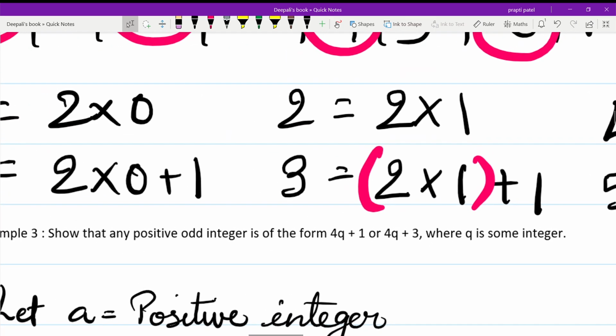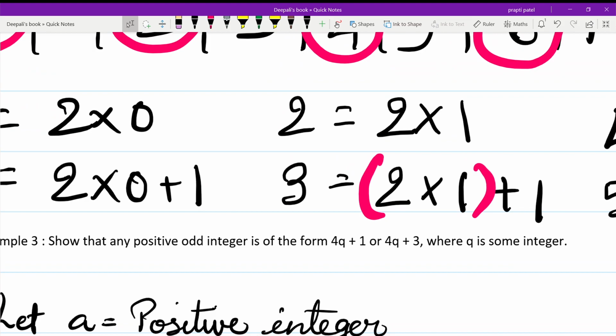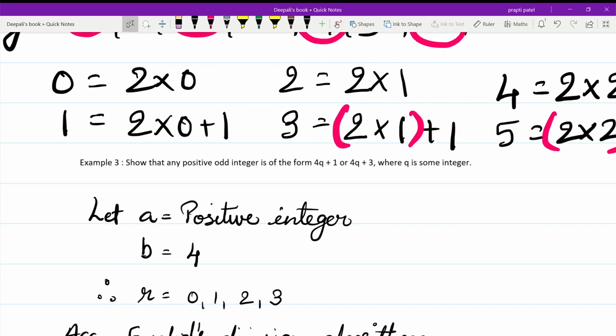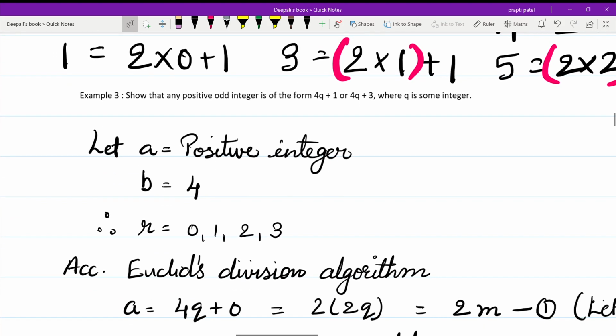Let us see one more example. Show that any positive odd integer is of the form 4q plus 1 or 4q plus 3 where q is some integer. Let a be a positive integer, b is equal to 4. Therefore, our r will be 0, 1, 2 and 3.